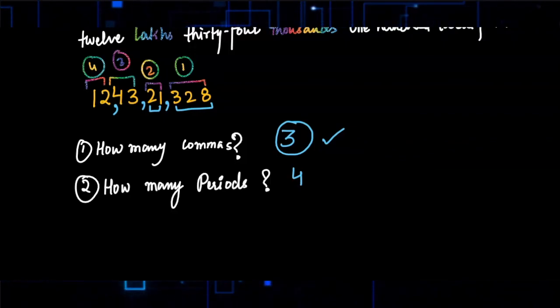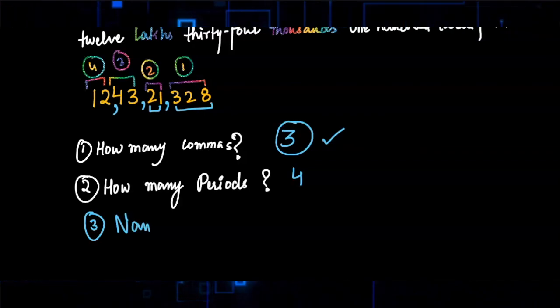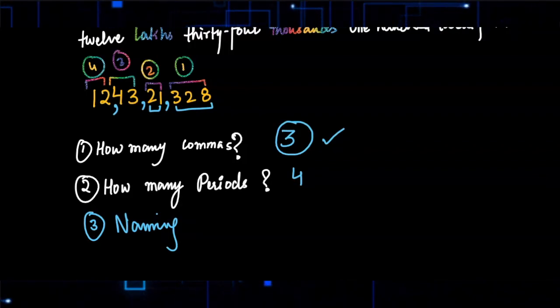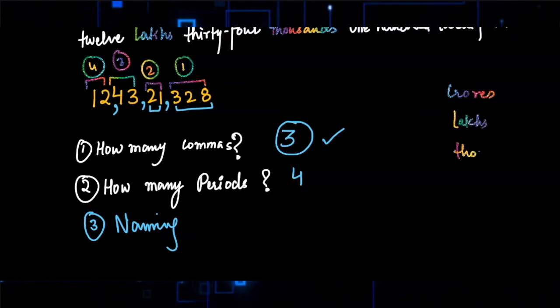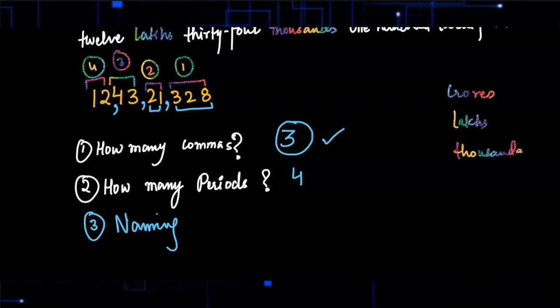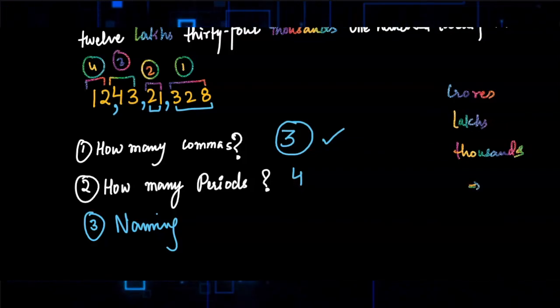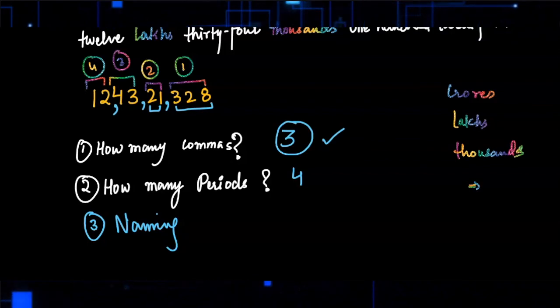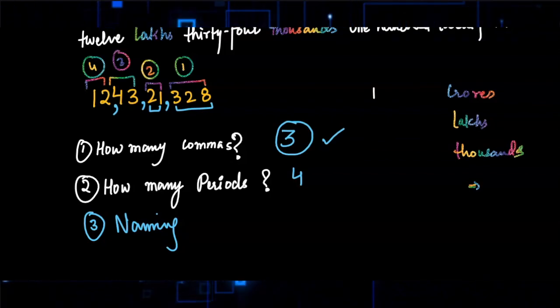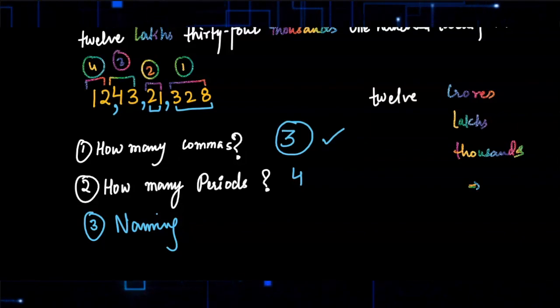Now the third question is naming this number. I'm telling you the trick. We'll write the periods. First of all, we'll write crores. After crores comes lakhs. After lakhs comes thousands. Then this is the ones period, so we don't write ones as a period. So we'll write the digits. Under the crores period, crores is the fourth period, we have 12. 12 under crores period.